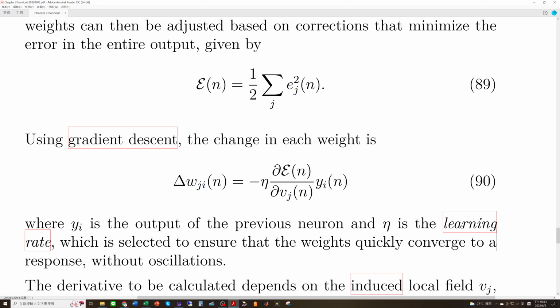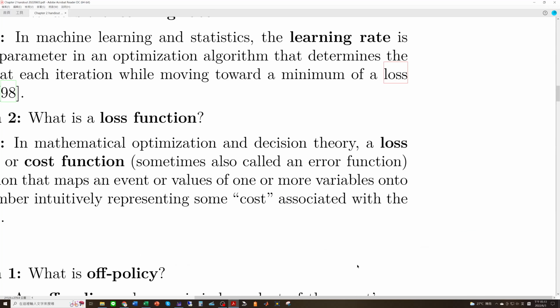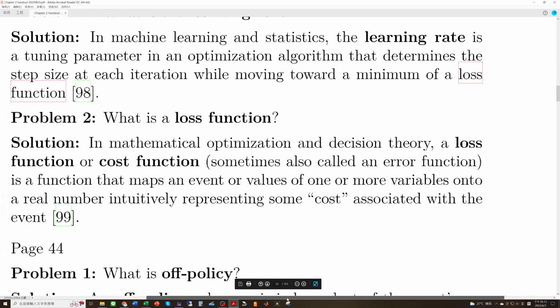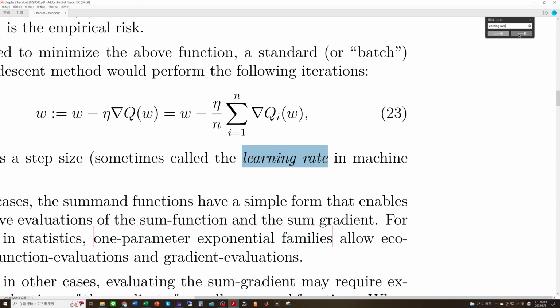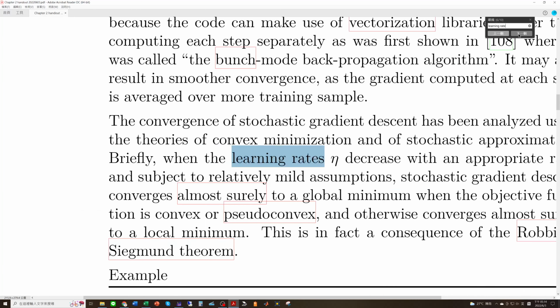You can click on this hyperlink, and this handout will jump to the solution to problem 1, what is the learning rate, on page 40. So let us go back to the learning rate, which we have seen before.